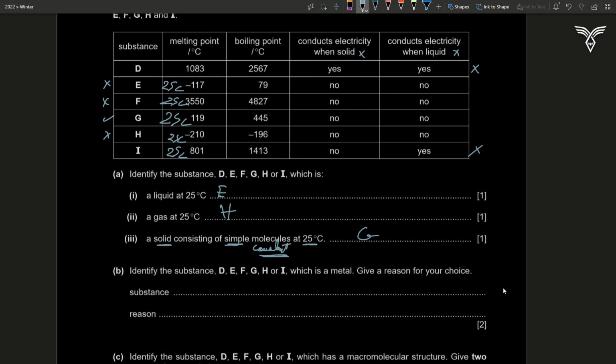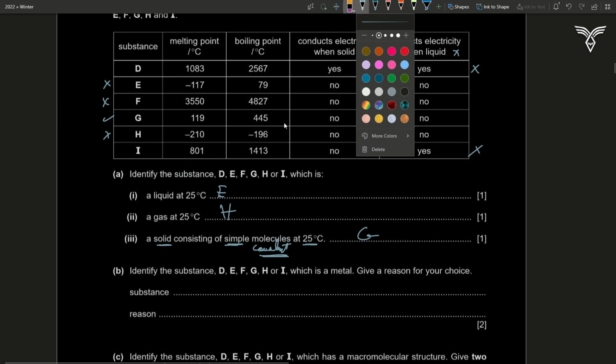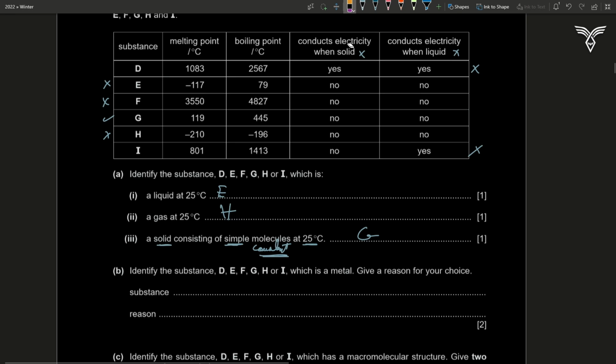Give a reason for your choice. تمام زي الفل. طيب what are the typical properties of a metal؟ A metal عنده typically a high boiling or melting point. حلو جميل زي الفل. وبيعمل conduct للelectricity when it is solid. طيب part B identify D, E, F, G, H or I which is a metal. Give a reason for your choice.